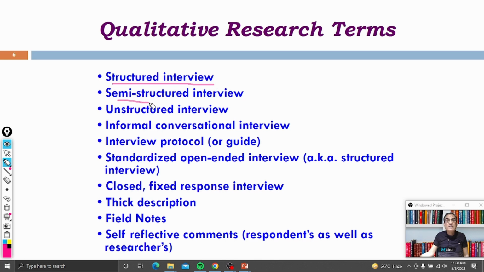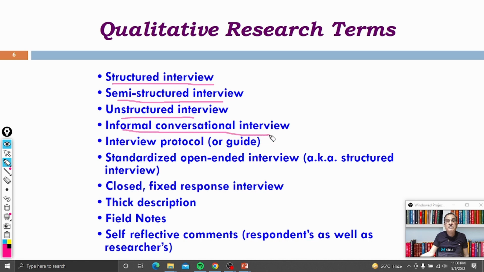Sometimes it is semi-structured. In a semi-structured interview, we design some questions beforehand, and sometimes we ask questions during the interview according to the need. Unstructured interview means we do not design the questions before conducting the interview.